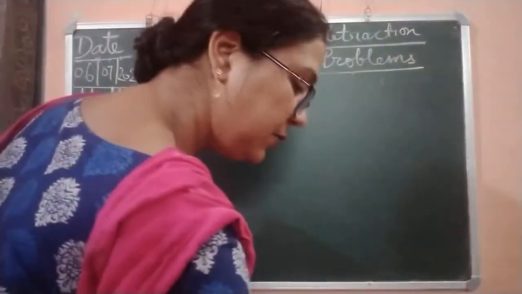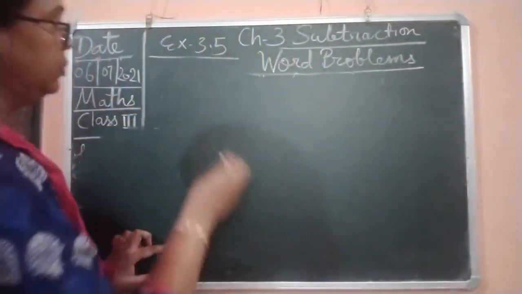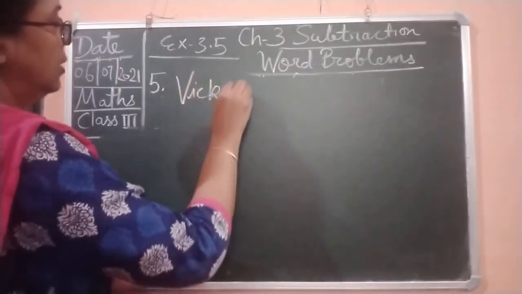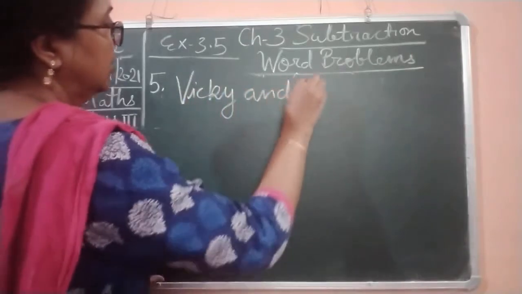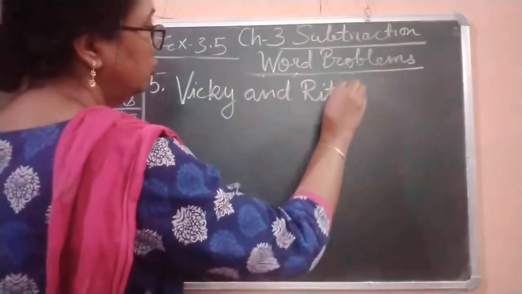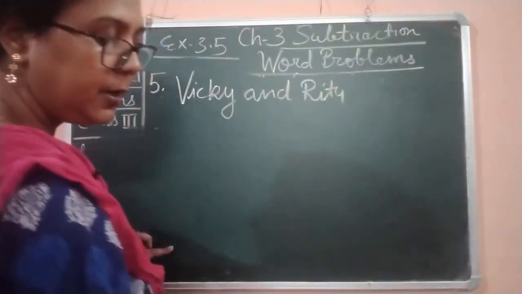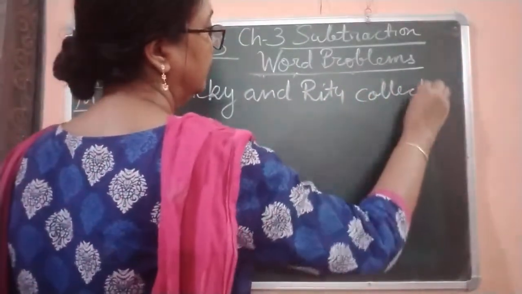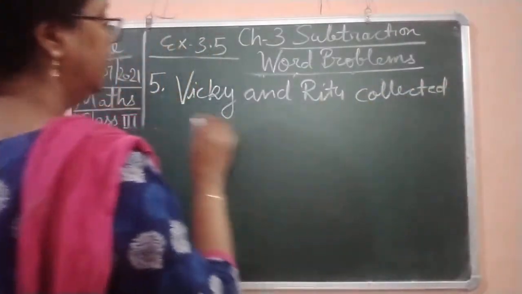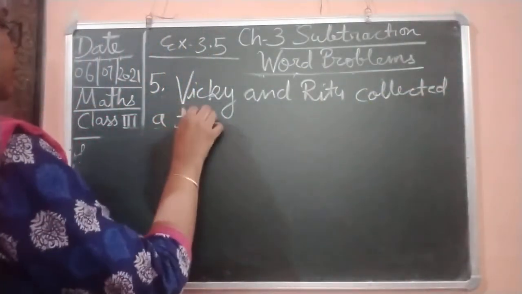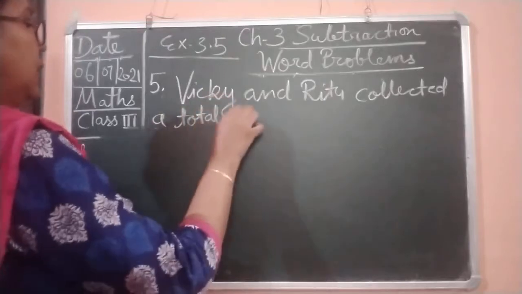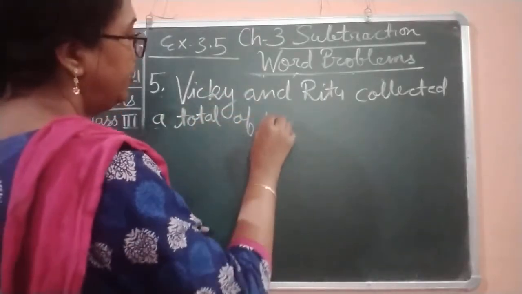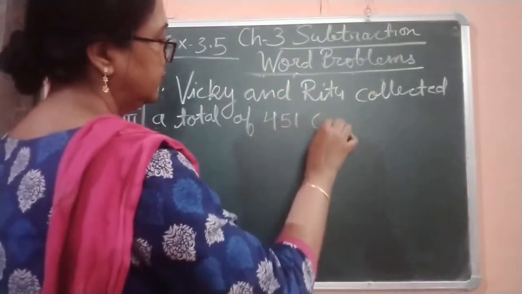Number 5 is Vicky and Ritu collected a total of 451 coins.